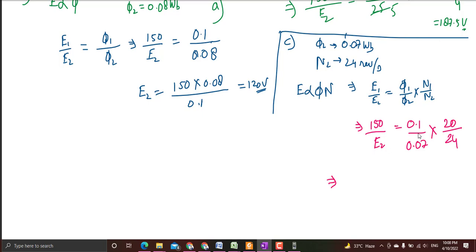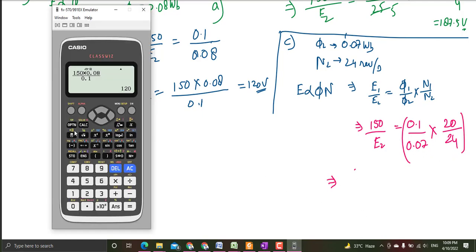This I can solve in the calculator. Let's simplify this. 0.1 into 20 divided by 0.07 into 24, which we get 25 by 21.